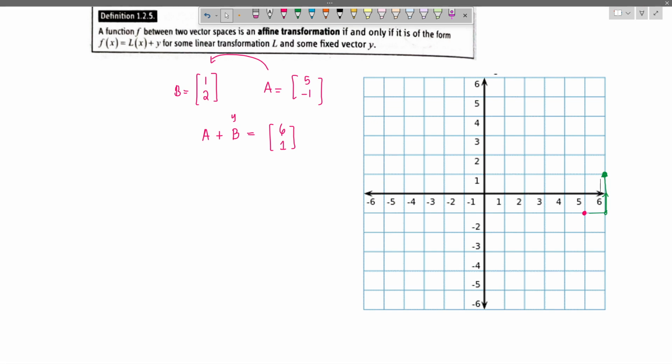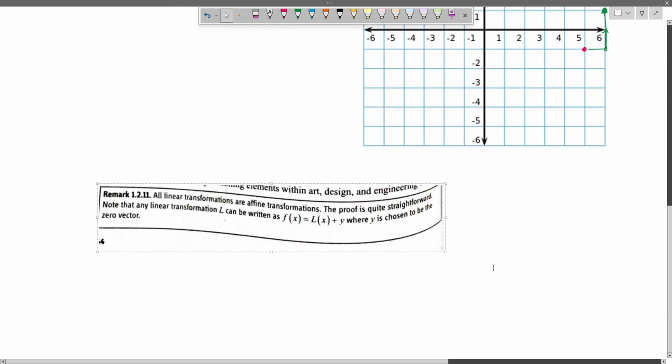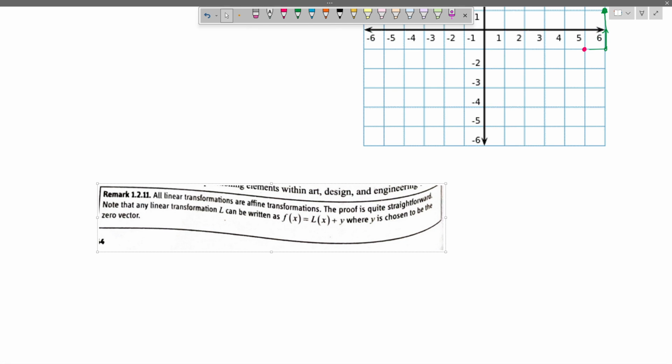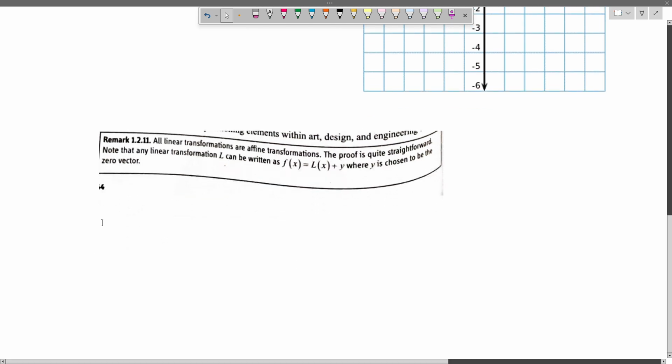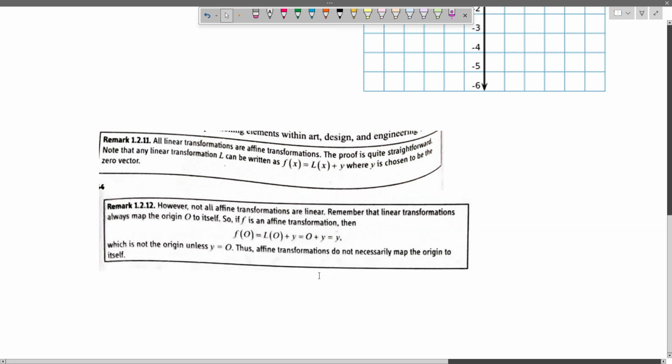So let's have some examples. Just to reiterate, all linear transformations are affine transformations. The reverse is not the same.